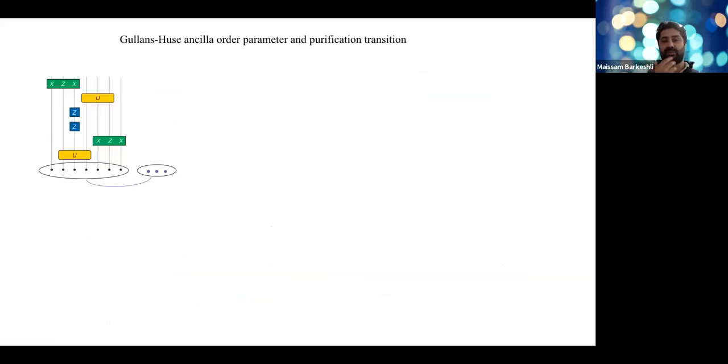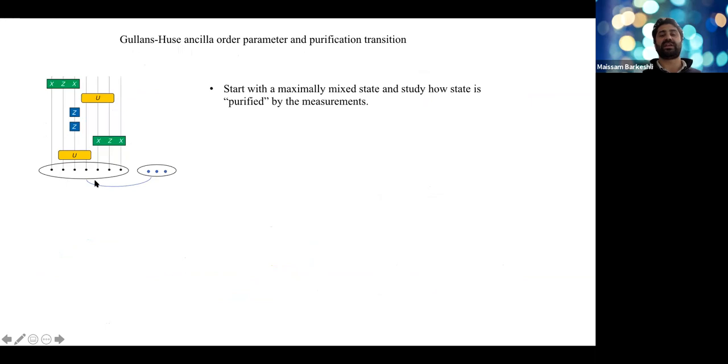Now there's another order parameter, proposed by Gullins and Hughes, which we call the ancilla order parameter, to detect the purification transition. The idea is you start with a maximally mixed state, and then you study how that state is purified by the measurements.